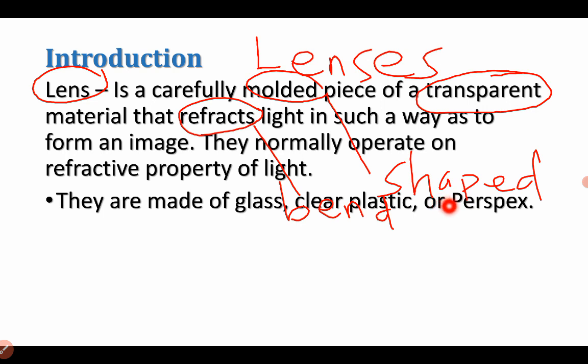If you have seen a beaker, it is made up of special glass called perspex. So that kind of glass is used to make a lens. So lenses are made of glass. They can be made of clear plastic, or they can be made from perspex glass.